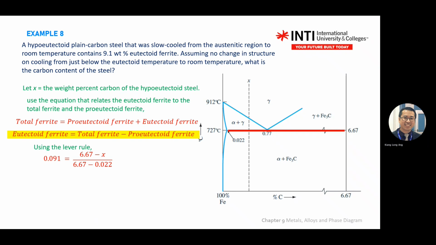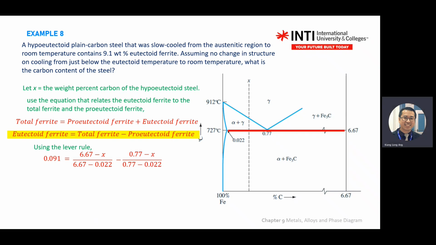Make sense or not? Okay. So that's why we use the last point minus the x. We don't know where our x is, but we know that we want to calculate the ferrite component. So this must be somewhere between here. So we get this one minus the point of interest divided by the total length.